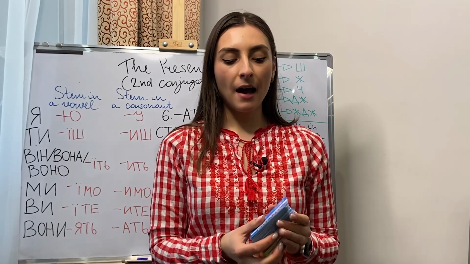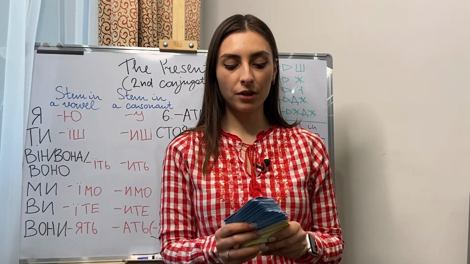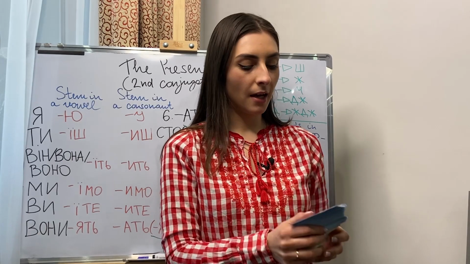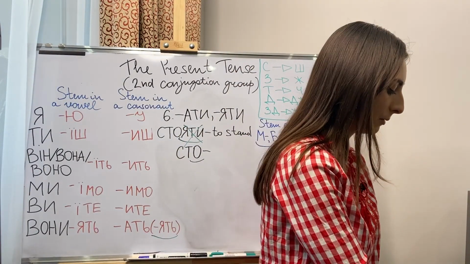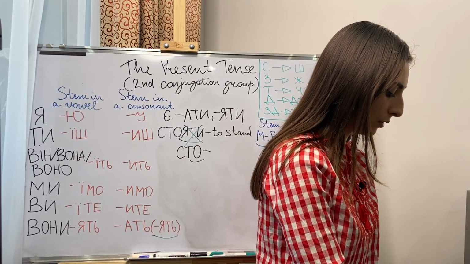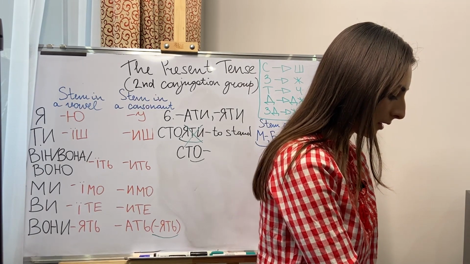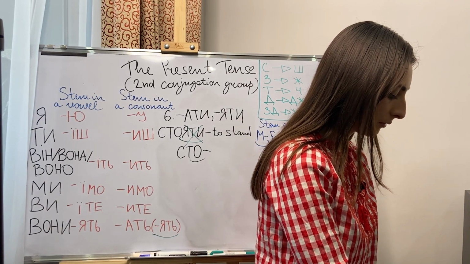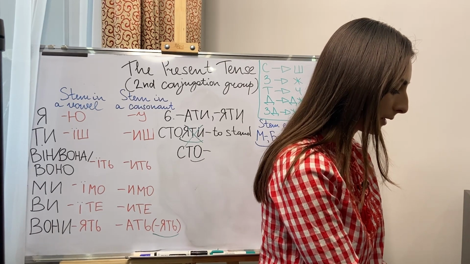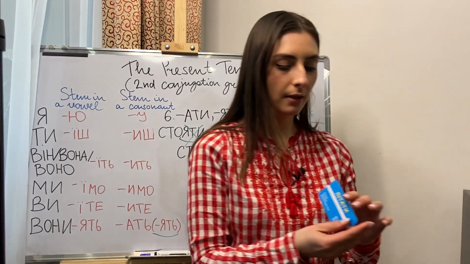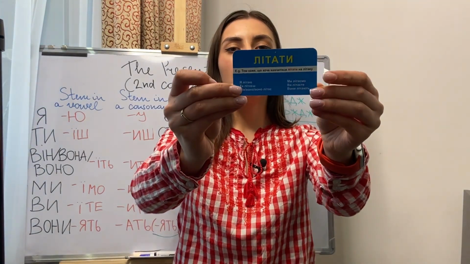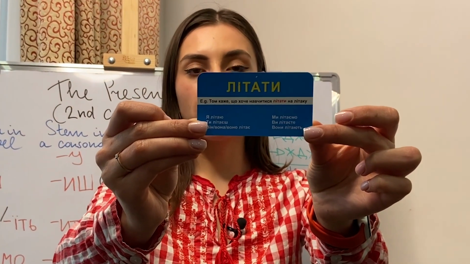So here on these flashcards you can see the verb. So let me just show you the example. Something not really difficult. For example, the verb літати. The verb літати means to fly.